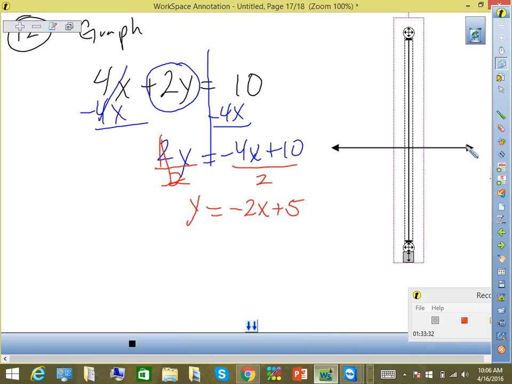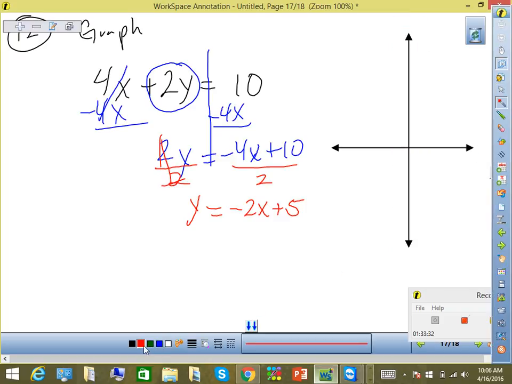All right. You started at 5. Is that correct? Then you went down 2 steps down, 1 to the right, plot your point, do it again. 1, 2, 1 to the right, plot your point, do it again.